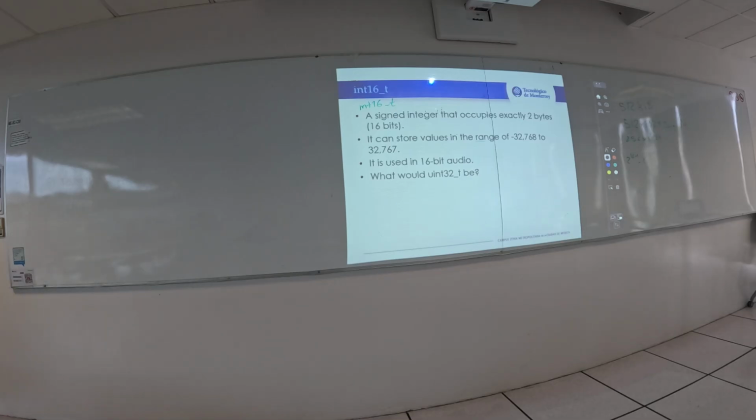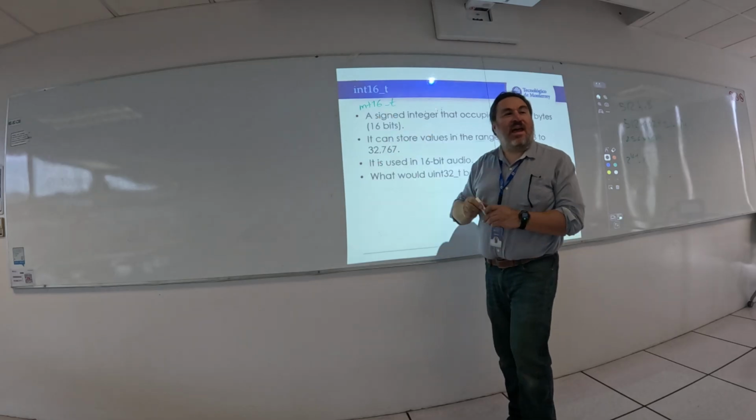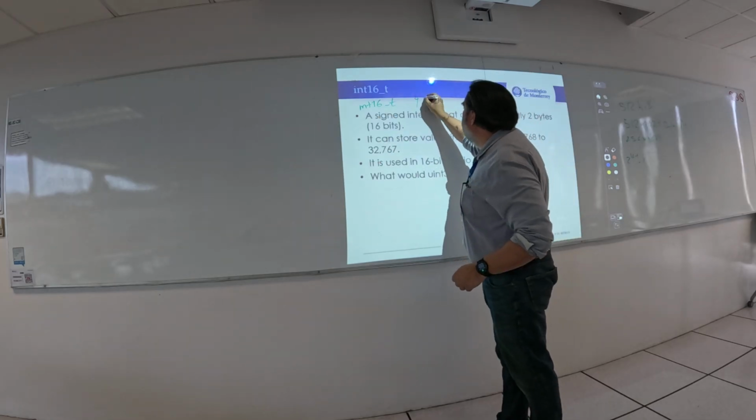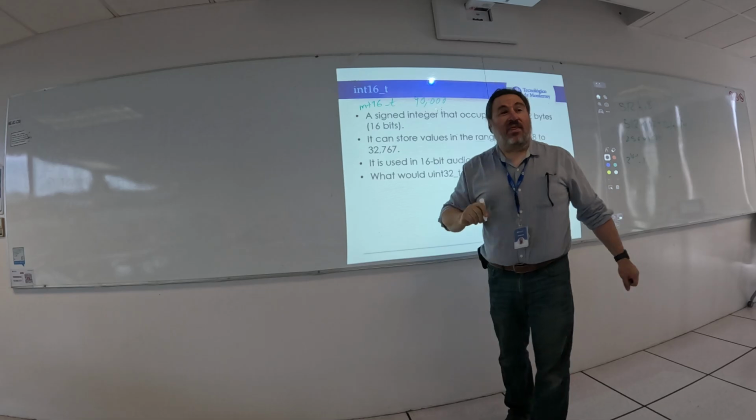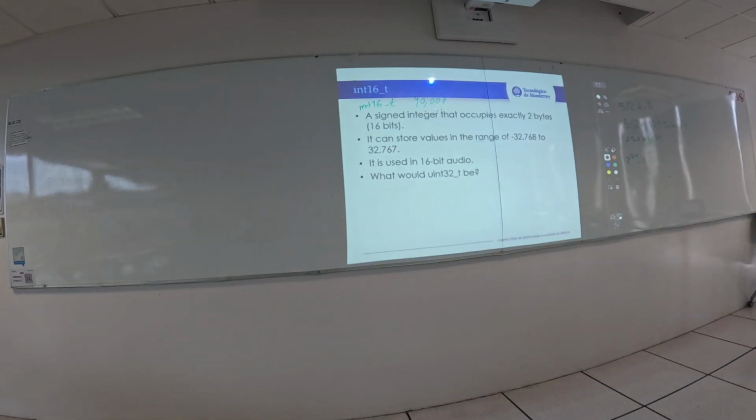And also changes the range of the values that we can store. If we are not careful and we store values, for instance, in this kind of variable, I cannot store the value 40,000. That can't be represented inside of that variable. Okay? I would need to go to an int32 to represent that kind of variable.